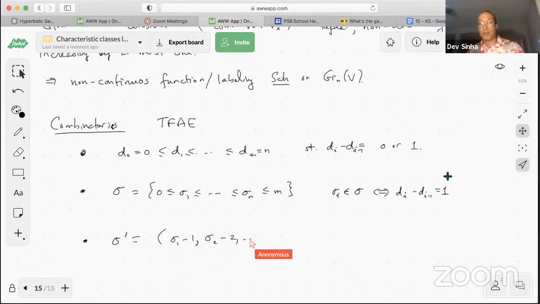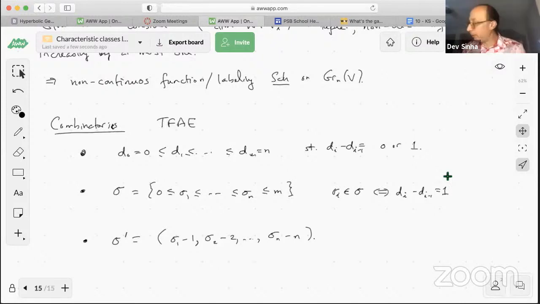These are no longer in increasing order necessarily. But that gives us an n-tuple of numbers, and it's pretty immediate to translate between this sigma and sigma prime.